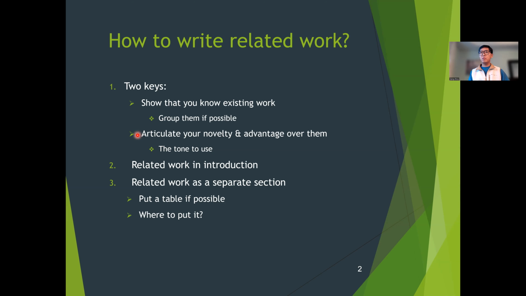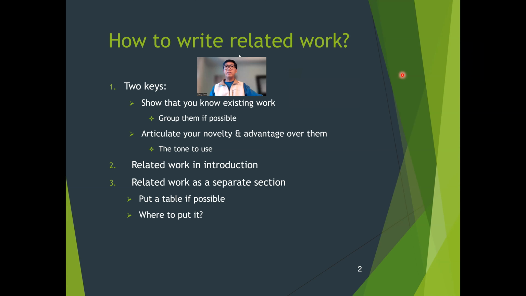No. Because when you have sunlight, you do not need a flashlight. And when you really don't have sunlight, in darkness where you need your flashlight, it doesn't work because you need the sunlight to work. Okay. So I hope now I made it clear why you need to articulate your novelty as well as the advantage over existing work.